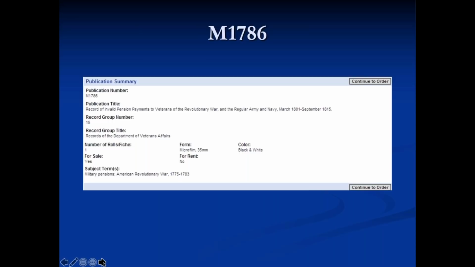They actually are on a couple of rolls of microfilm, actually more than one roll, but there's two sets. One is those that cover 1801 to 1815. These didn't used to be on Ancestry, and now they are, and they are combined with the second set of pension payments. These are invalid pension payments prior to September of 1815.